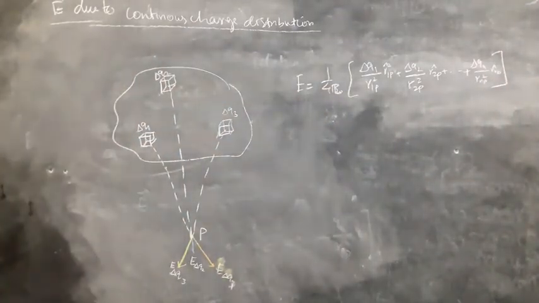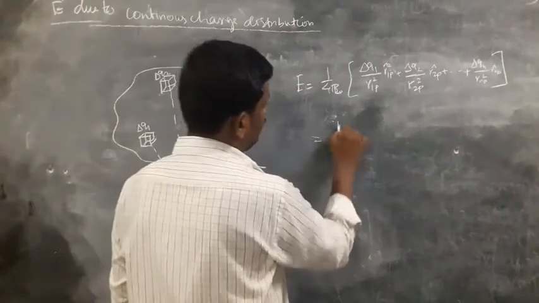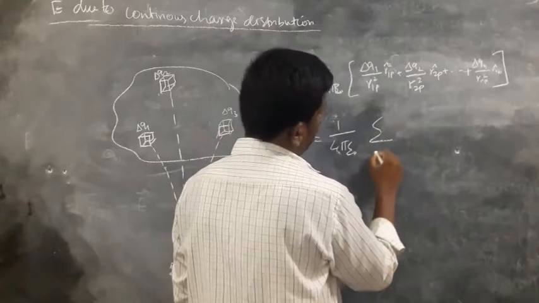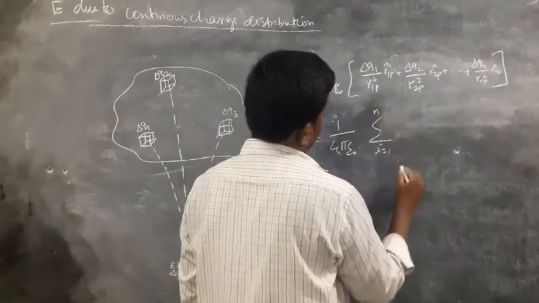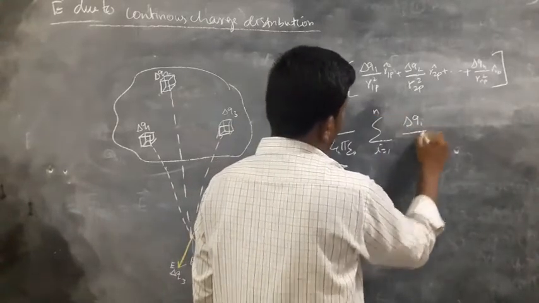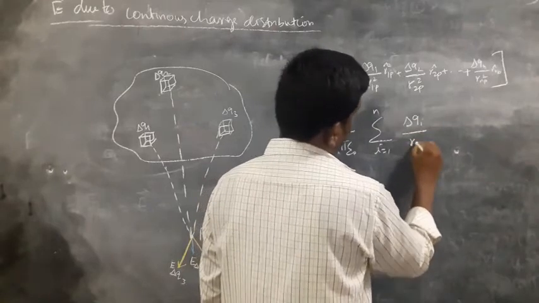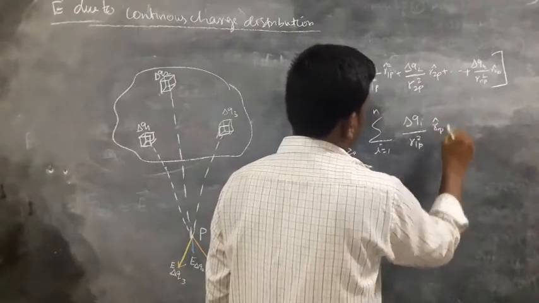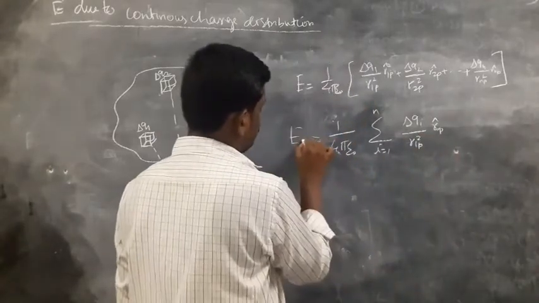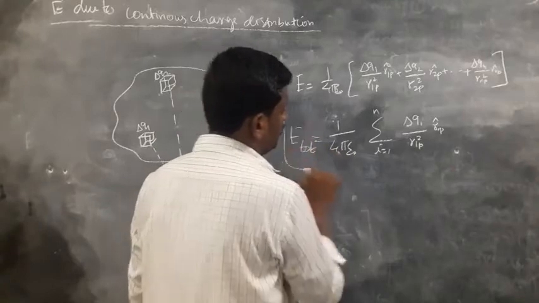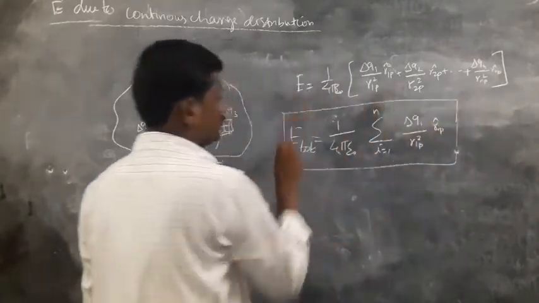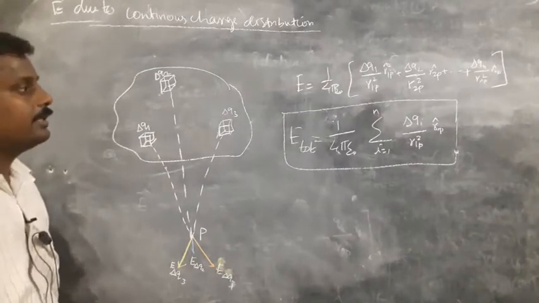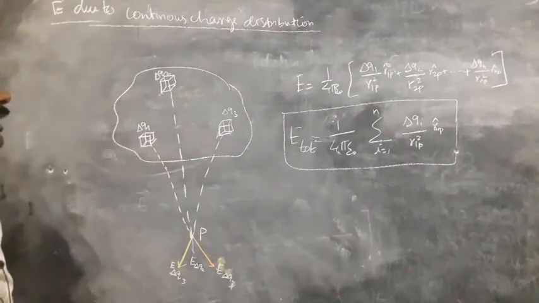We can simply rewrite this as E total is equal to 1 by 4 pi epsilon naught summation i equal to 1 to n delta Qi by Rip squared Rip cap.